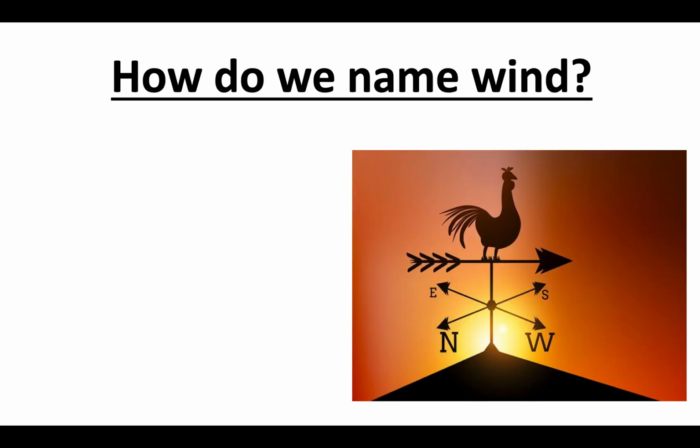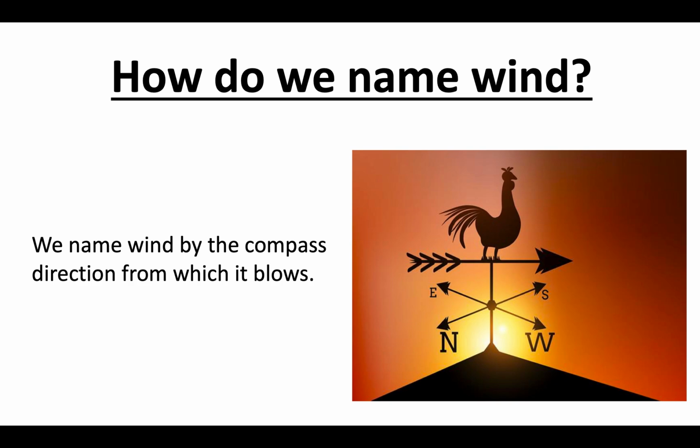How do we name wind? Oh, and guys, by the way, this is a vane. This is what I was just talking about, okay? So how do we name wind? We name wind by the compass direction from which it blows. So do you see this vane right here?